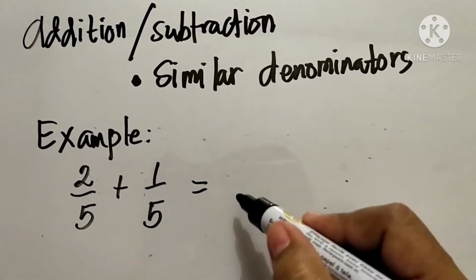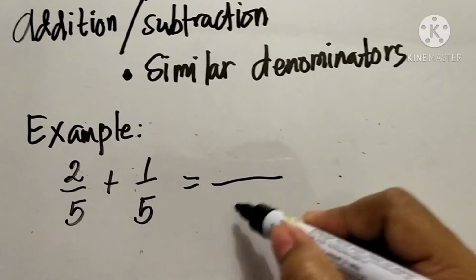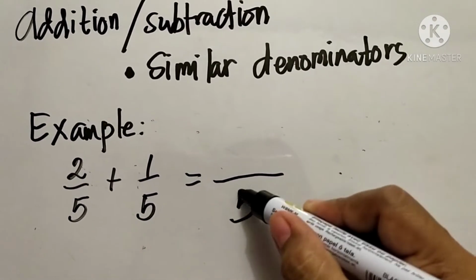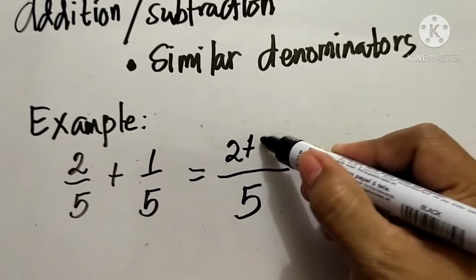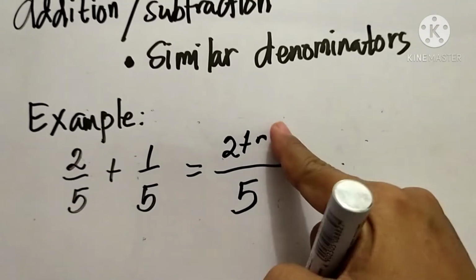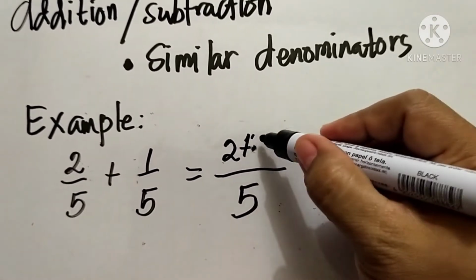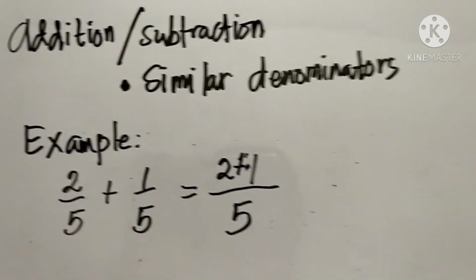Since the denominators are equal, then you just copy the denominator, 5, and then add directly the numerator. Okay, just add the numerator.